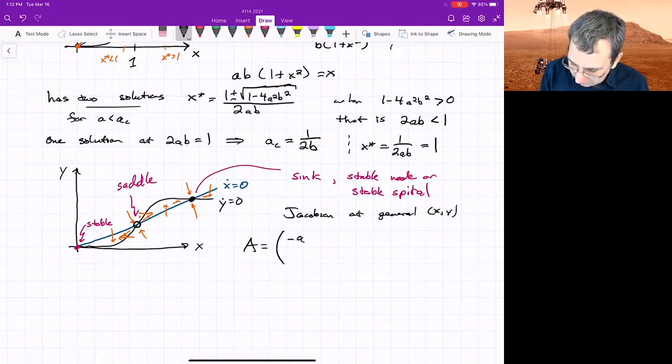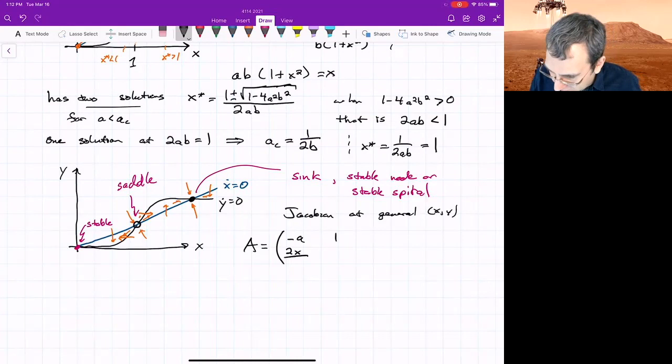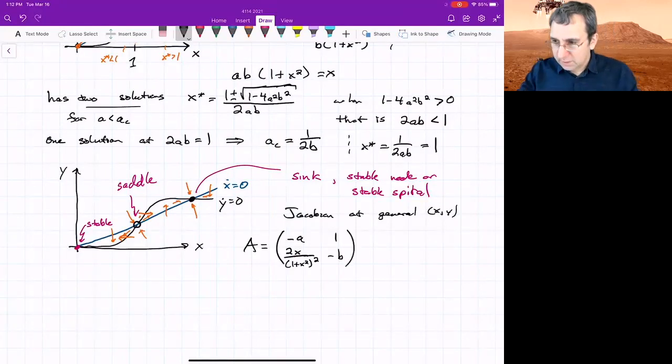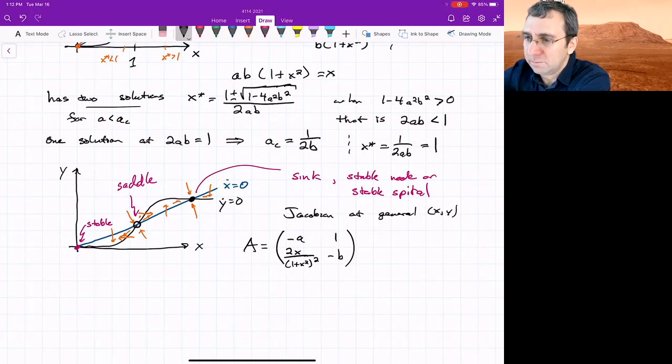Negative a1. That's for x dot, that's easy. And then this will be 2x over 1 plus x squared, minus b.